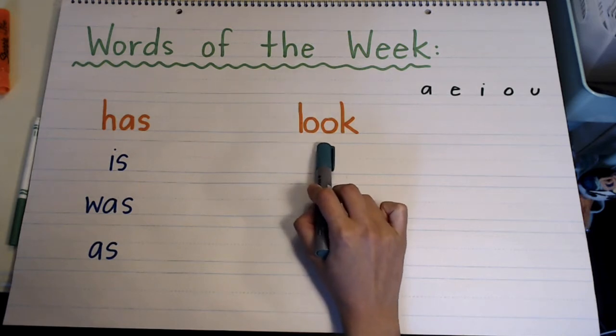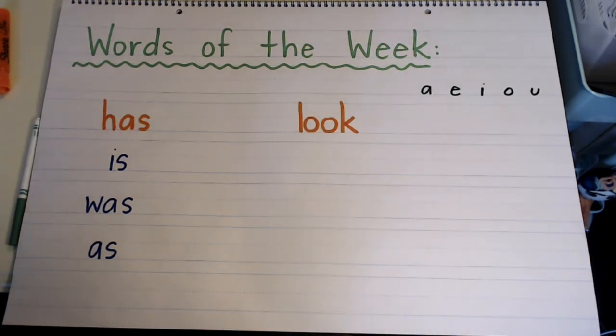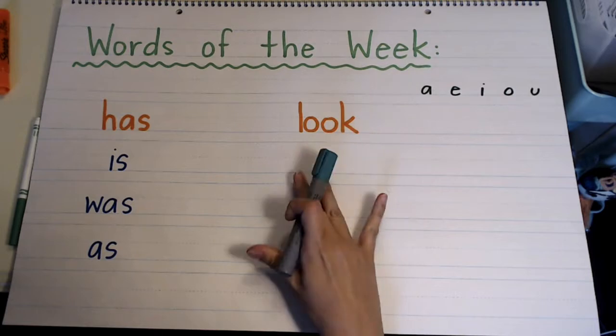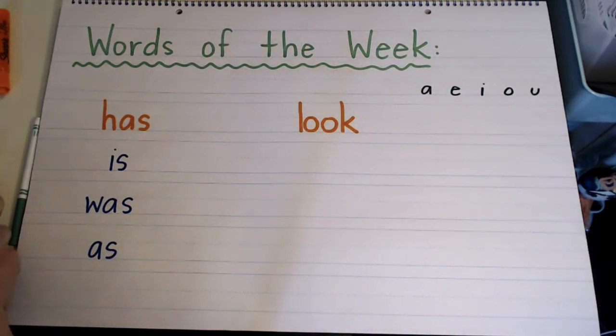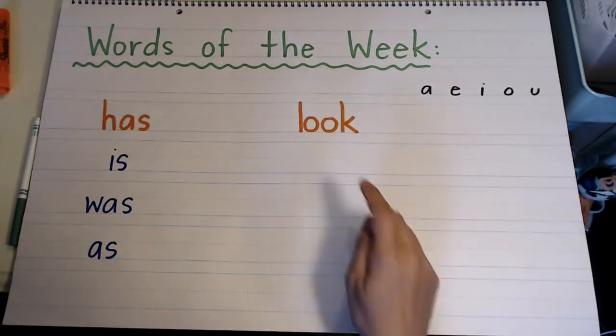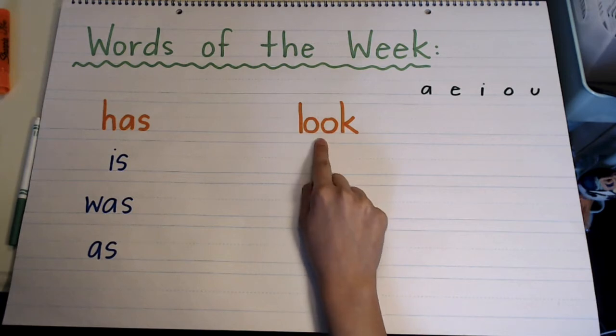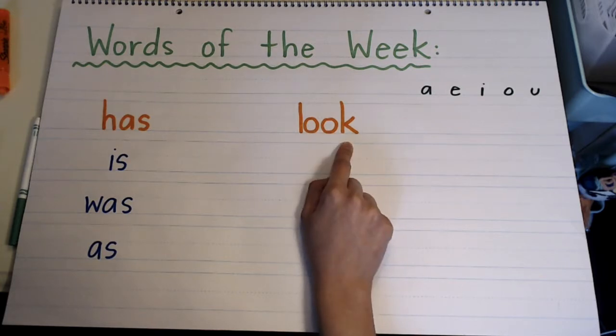That's a vowel pair because there are two of them together. When you put two O's together, they can make the sound ook. It doesn't make the normal sound of an O. It doesn't make a long O or a short O sound. It makes an ook sound. Look.